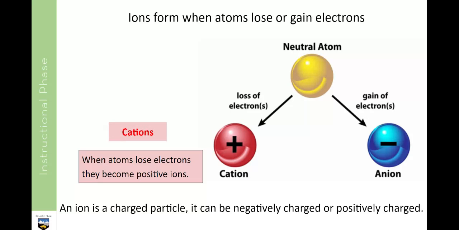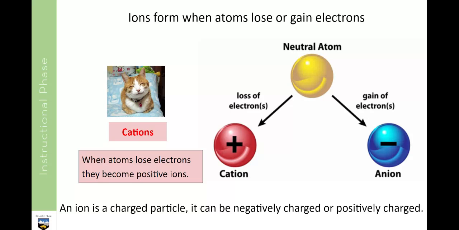And the general term for a positive ion is a cation. If you think back to the lesson, I remember cations being positive because they remind me of nice furry cats that are really cute and cuddly and make me happy. Also, when you write the word cat, as you write the T, it's almost like you're drawing a positive charge.